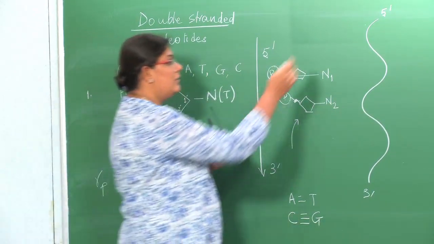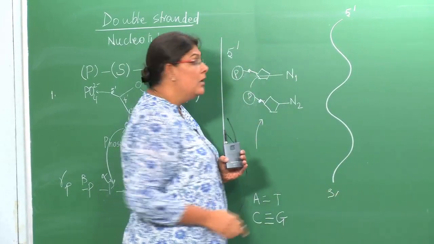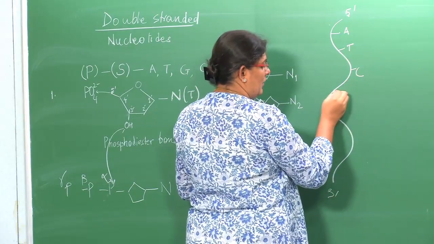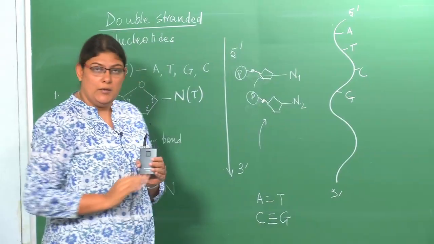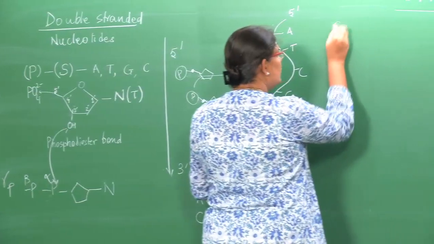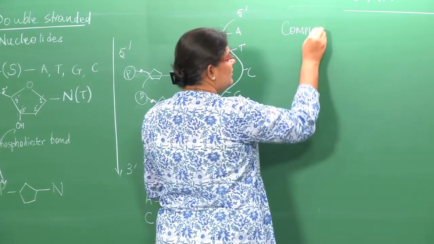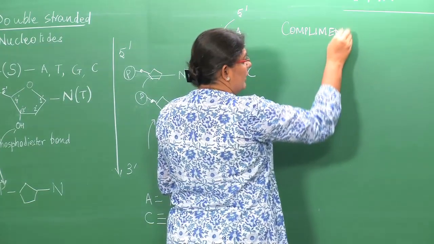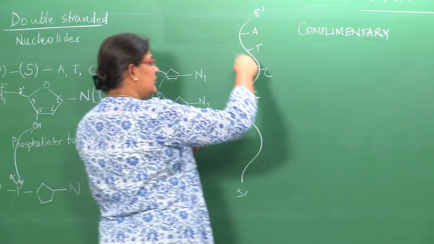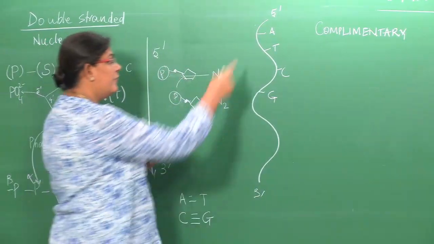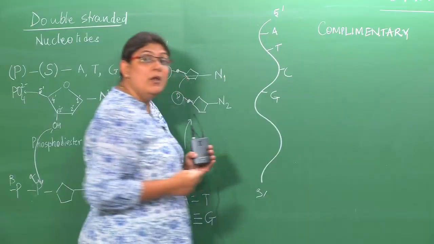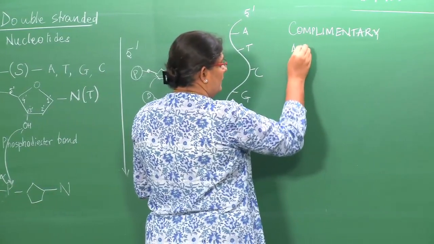So, if in this strand 5' to 3' you have an adenine, a thymine, a cytosine and a guanine, the second strand will be complementary to it. So, the two strands are complementary, right. If this is the first strand with a certain sequence going 5' to 3', the second strand will be complementary to it, but will also be anti-parallel.